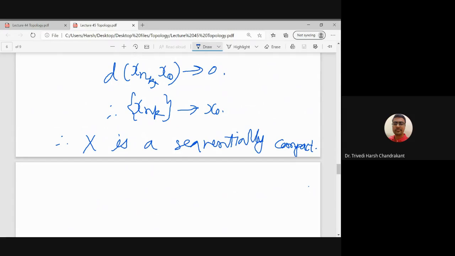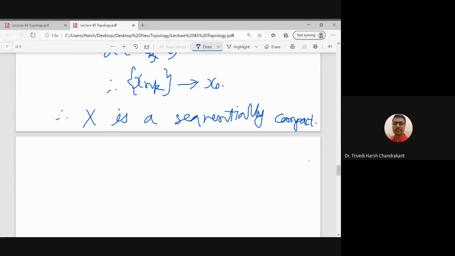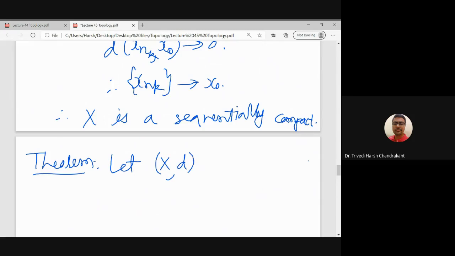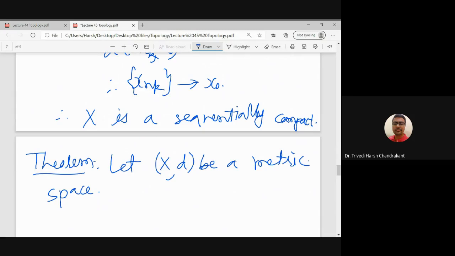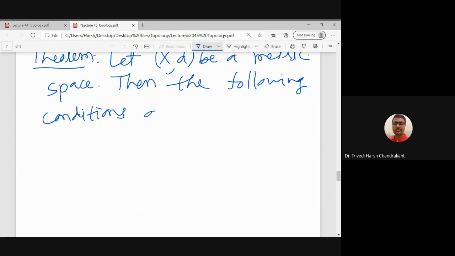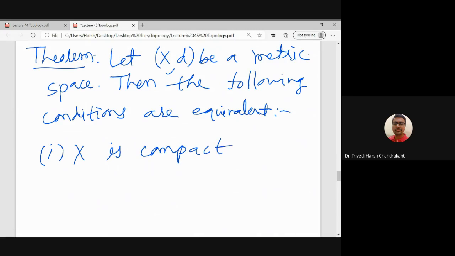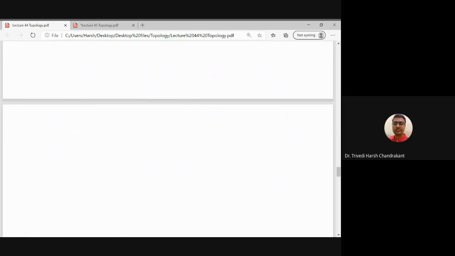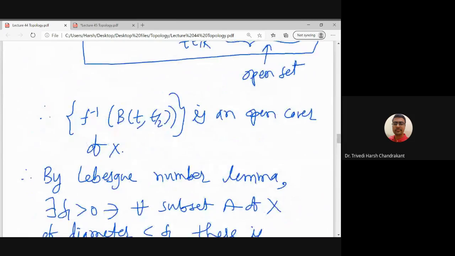So let us state the main result which we have proved here. Let (X, d) be a metric space. Then the following conditions are equivalent. First condition is that X is compact, and we already proved that it is equivalent to the condition that it is sequentially compact.